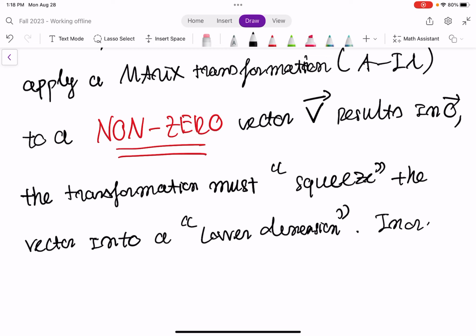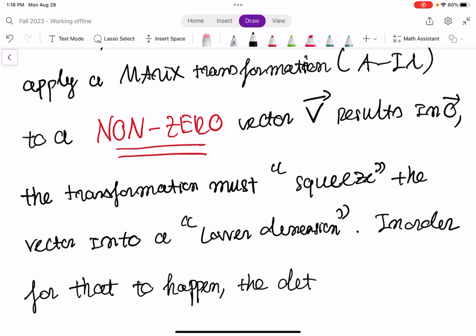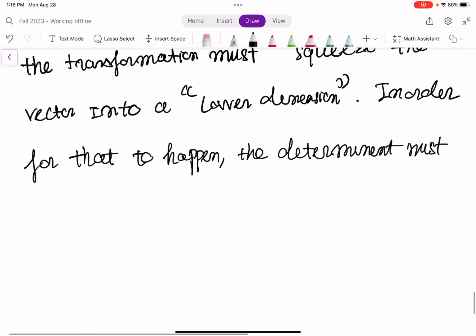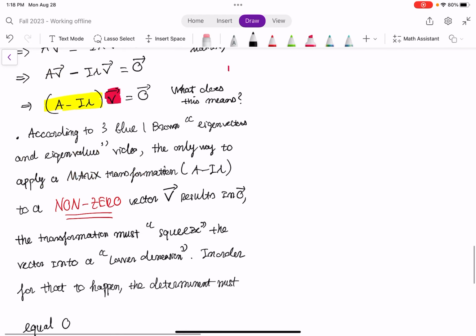In order for that to happen, the determinant must equal 0. Okay, let me explain what I wrote.